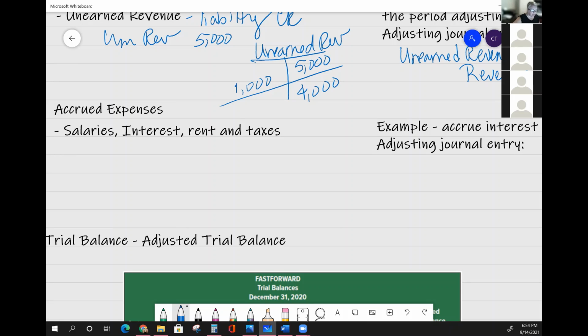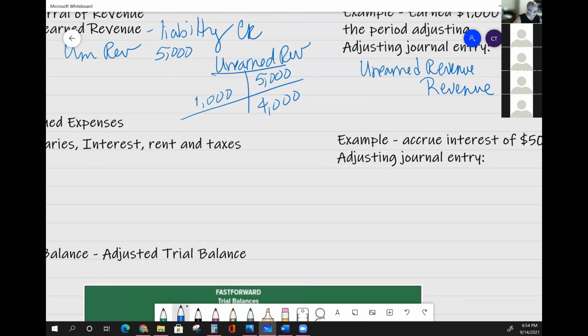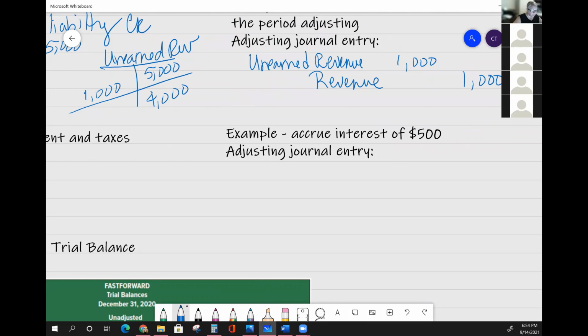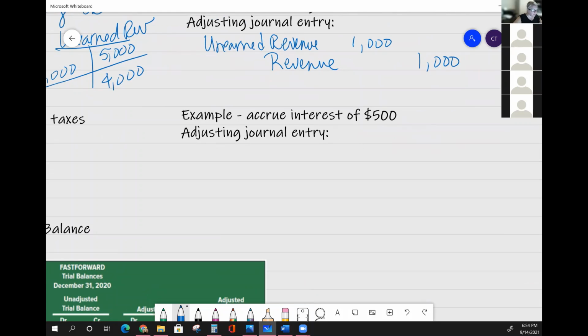Some liability account is going to be credited in order to recognize that expense in that period of time. And then I'm setting up a liability to tell me later I have to go back and pay that. I'm liable to pay this later. So that's how I record those adjustments: put a liability on the books to tell me to pay it later, and I can get that expense in when I need to record the expense.